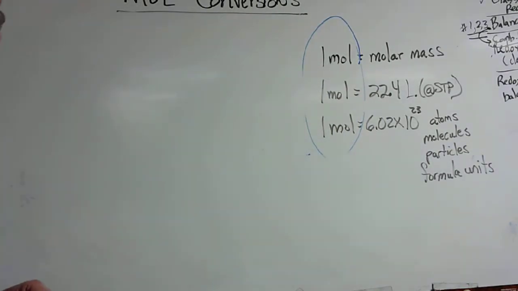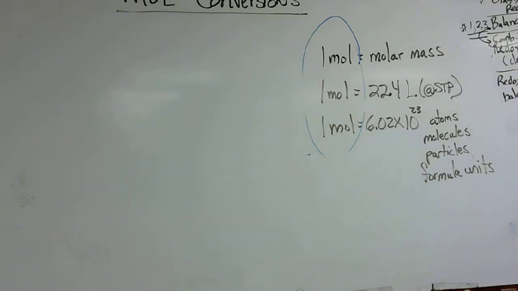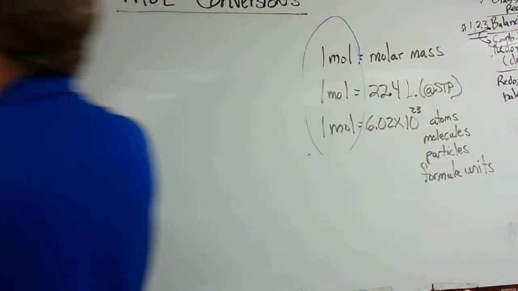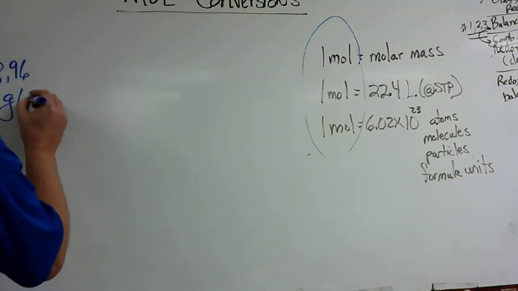So let's go ahead and do another one. We are actually going to use something with the density. So let's go ahead and I can find the density for something. Why don't we do copper? The density of copper is 8.96 grams per cubic centimeter.